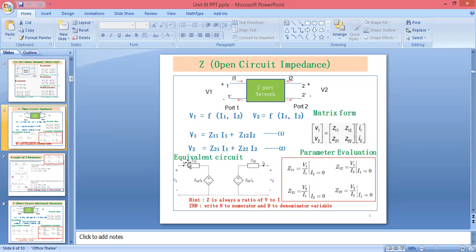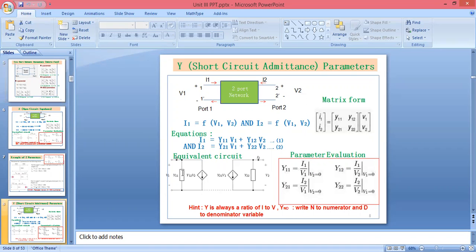So there, voltage is in series with impedance. Here, in Y, we take current, such as Y12 into V2, the second term, which is nothing but a flowing current. So current and admittance will be shunt, that is, parallel with each other, and we require that current for port 1 and port 2.